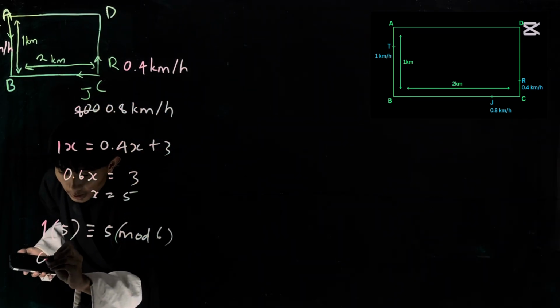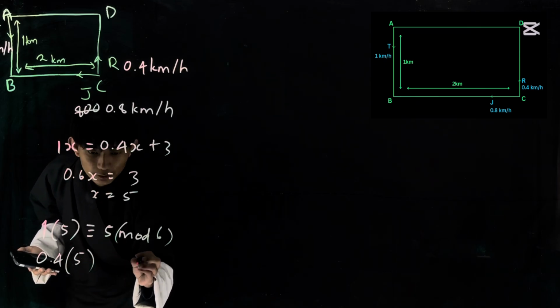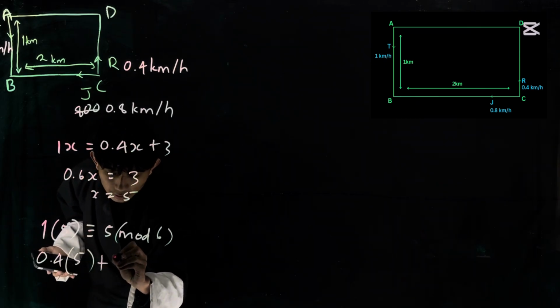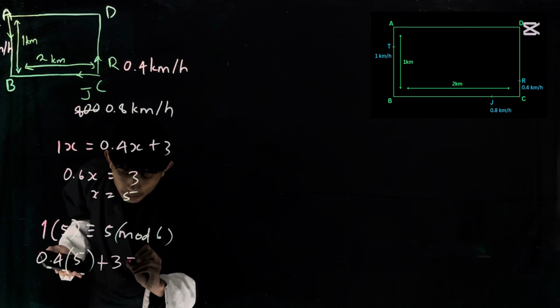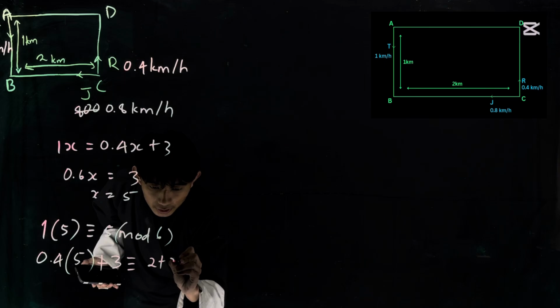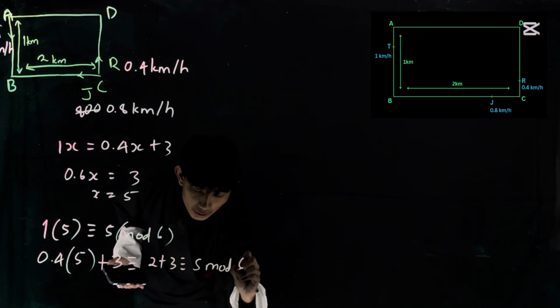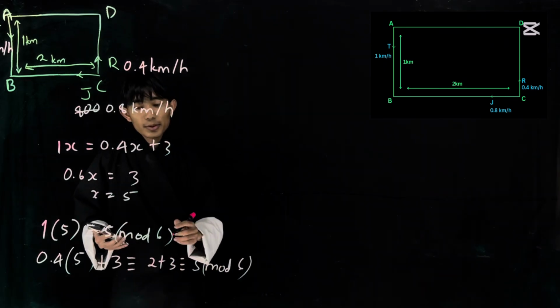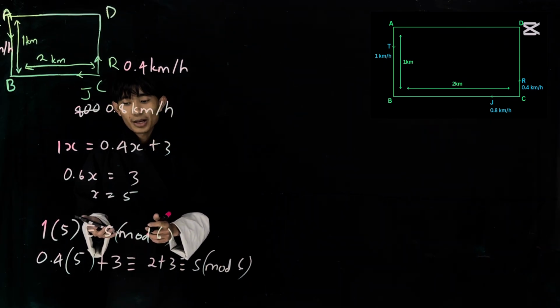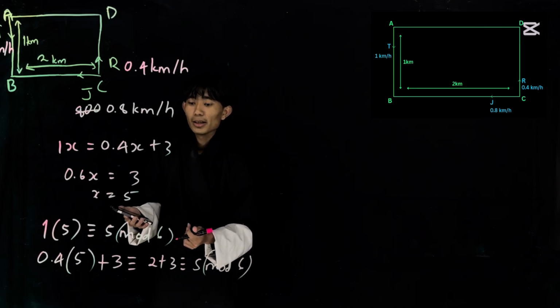Then Roshan's will be 0.4 times 5 plus 3, which is 2 plus 3, which is congruent to 5 mod 6. And this is a given, because we have calculated the time at which these two riders meet, so it is only given that they have the same position.